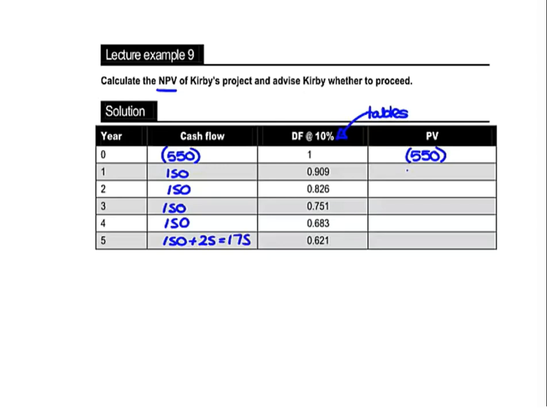So we're discounting the cash flows in the way that we were earlier in the chapter. 150 times by 0.909, 136.25, 150 times by 0.826, 123.9, and we carry on multiplying the columns together until we've got a total.